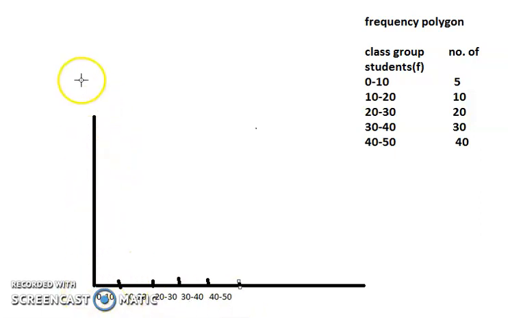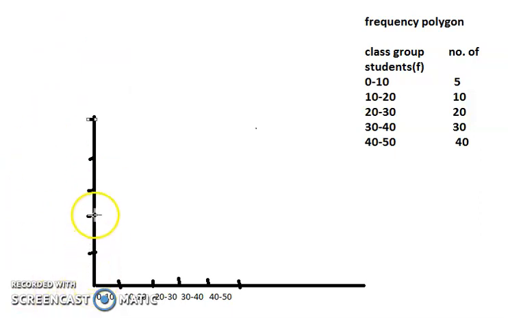Now on the vertical scale I have drawn a line. Now I will look at these frequencies. Suppose here the highest number is 40 and the lowest number is 5. According to that I need to choose my scale. Again I can take 1 centimeter. So this one is 0, 5, 10. Or I can take 0, 10, 20, 30, 40 and 50. So I have taken the interval in this way.